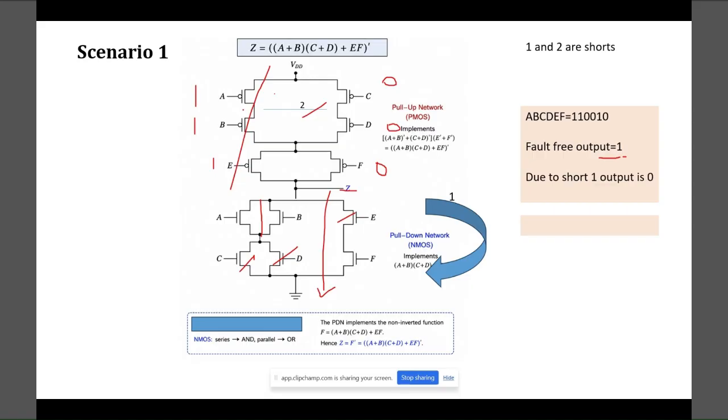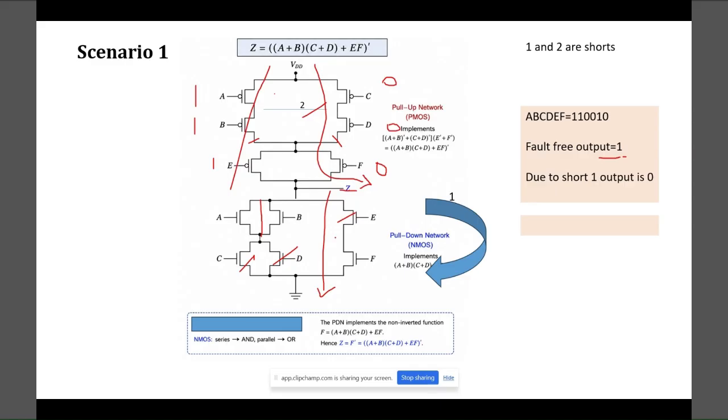If there is a short over here, it is not going to affect this part. This is going to be turned on, Z is going to be at the output. Okay. If you consider an example, if there is an open over here, what happens? If there is an open over here, does it affect the fault? No. But if there is an open over here, again we will not get 1.